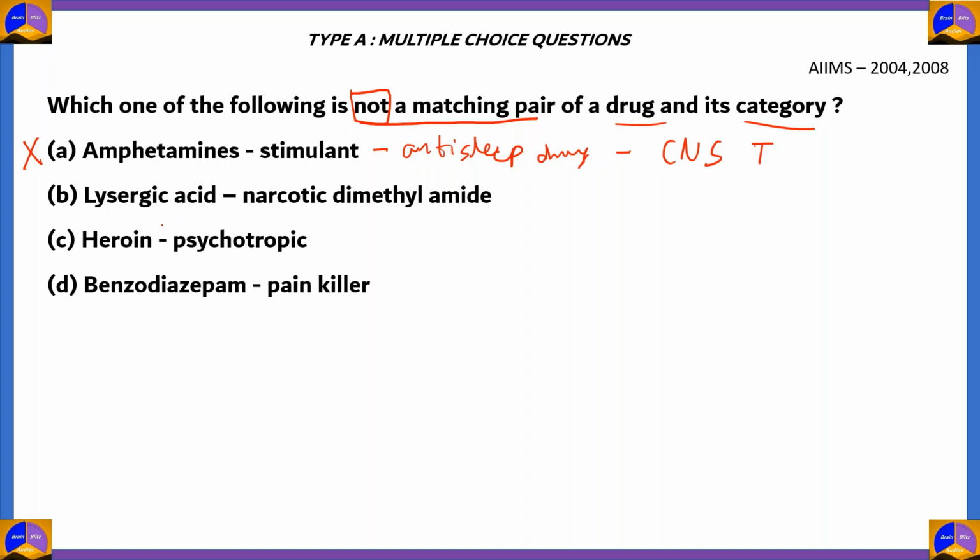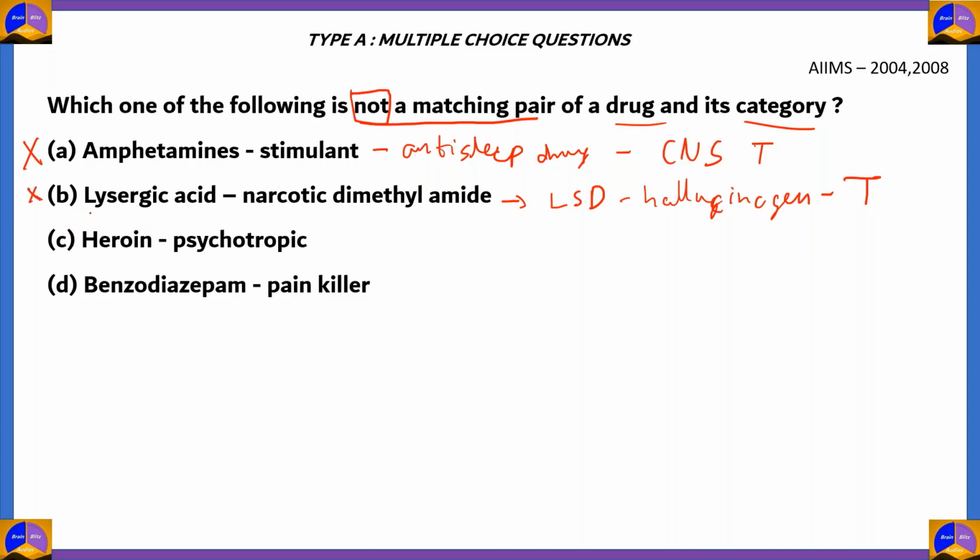Next option. Lysergic acid is a narcotic dimethylamide, and that's why lysergic acid is used for forming LSD. And LSD is a hallucinogen. And since LSD is a narcotic dimethylamide, we can say that option B, the matchup, is true. So since the matchup is true, the option itself is incorrect.